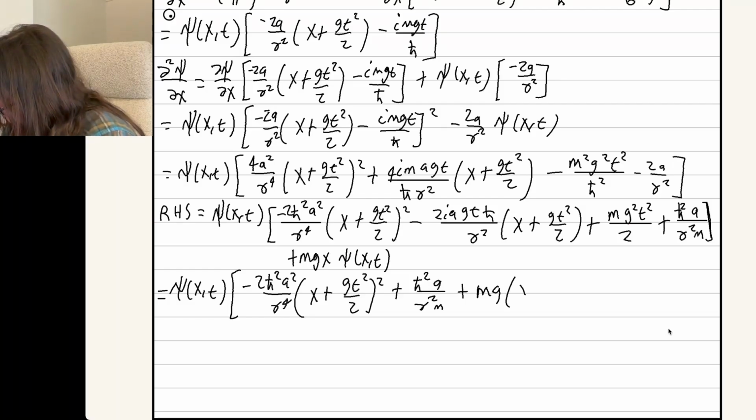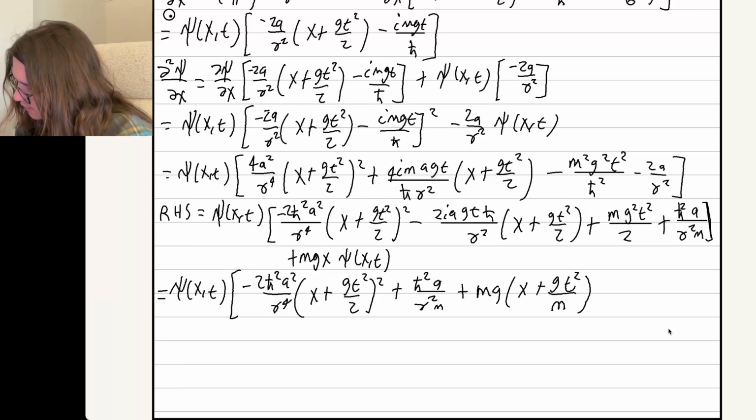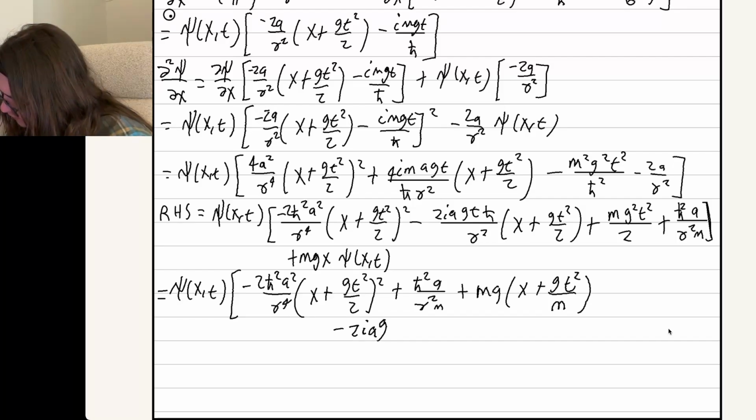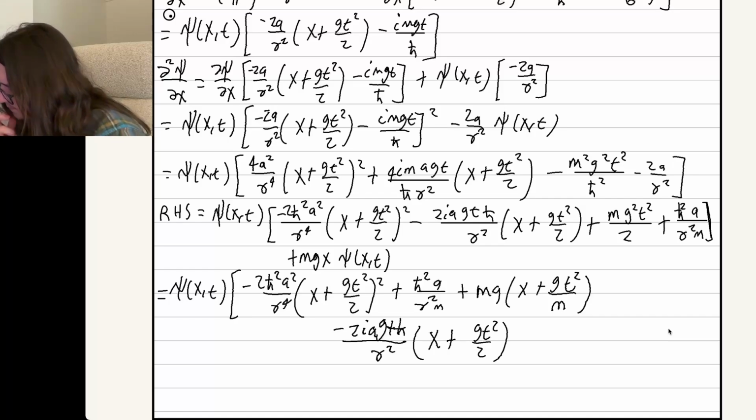So that's looking like x plus gt squared over m. We still have this minus 2i a gt h bar over gamma squared times x plus gt squared over 2 term, which we haven't really dealt with yet.